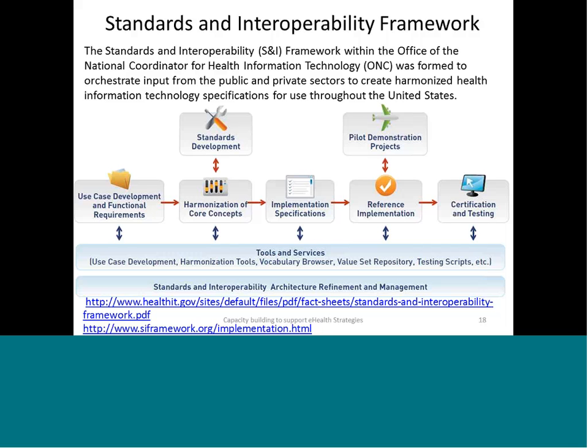You'll also see that they have some separate but important activities for standards development and for some pilot demonstrations. And all this sits on top of the use case development tools, browsers, just getting the tools and services together to enable these things to happen. And they have a standards and interoperability architecture that is being refined and managed all the time.